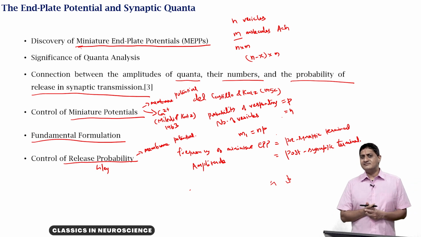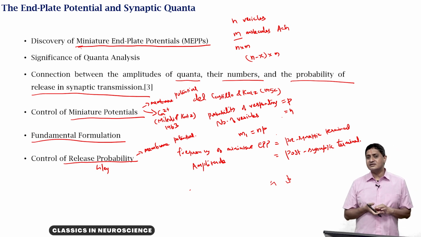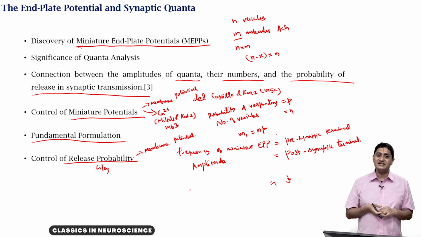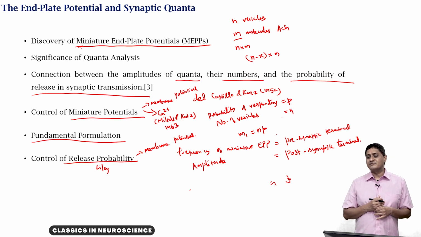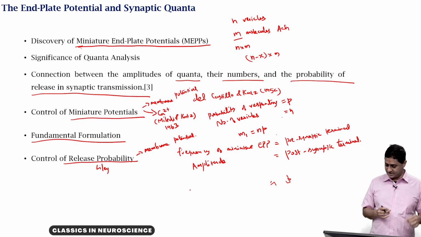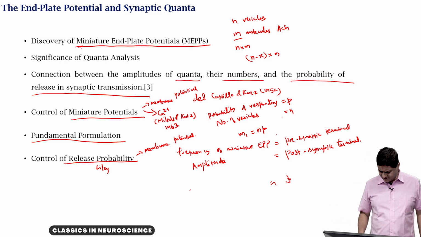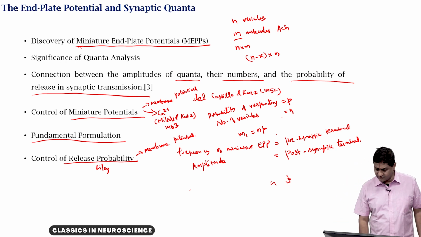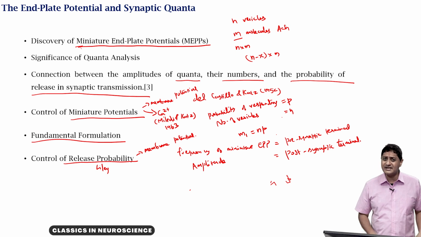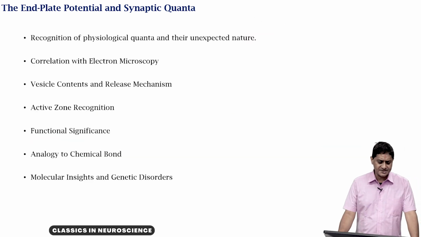As soon as this data by Del Castillo and Katz was published, it was immediately realized that what the electron microscopists were seeing in their electron microscope, the vesicles, were the vesicles that were identified by Bernard Katz. So, also clearly one vesicle contains thousands of acetylcholine molecules, and many of these vesicles simultaneously open on the other side of the plasma membrane. This process is called exocytosis.